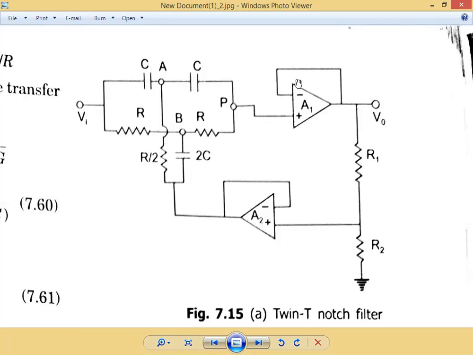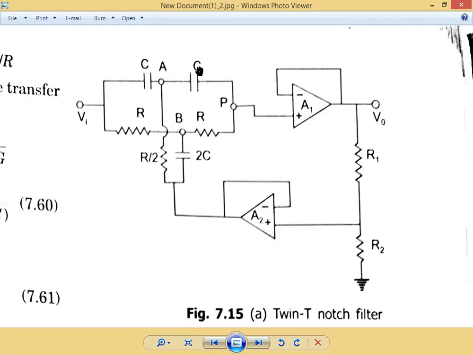As we discussed in the last classes, due to the virtual ground concept, the voltage at this node will be equal to the voltage at this node also. That means the voltage at the inverting terminal is equal to the voltage at the non-inverting terminal. From that, we can write the voltage at this node is nothing but V0, because V0 is fed back to the inverting terminal. So here also we can write V0 minus VA into SC. That is how we have written this equation.